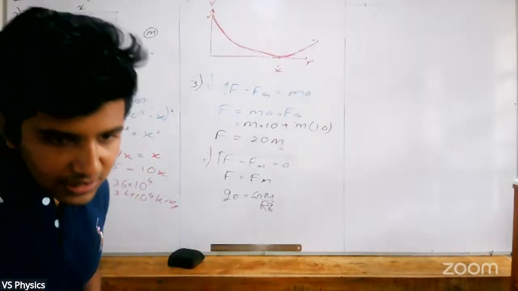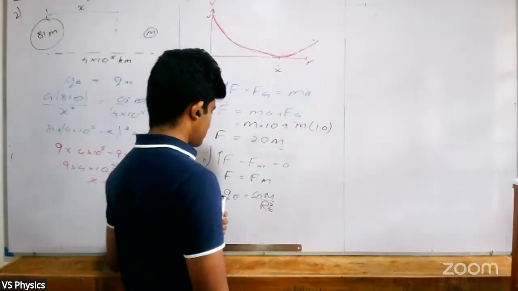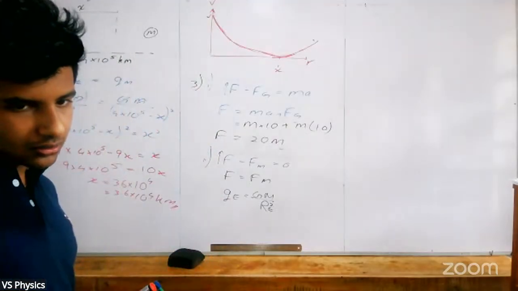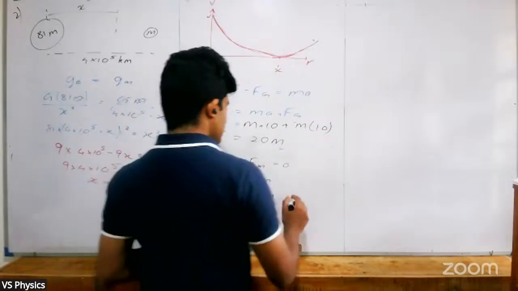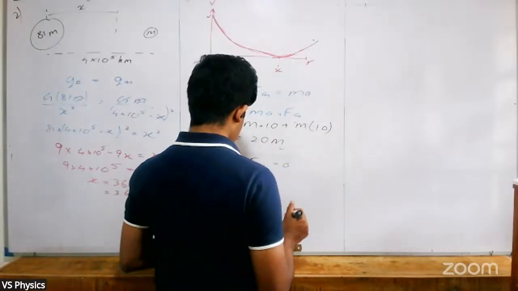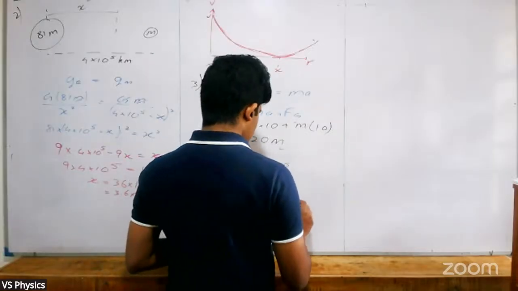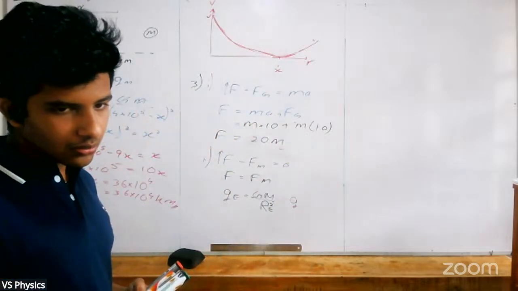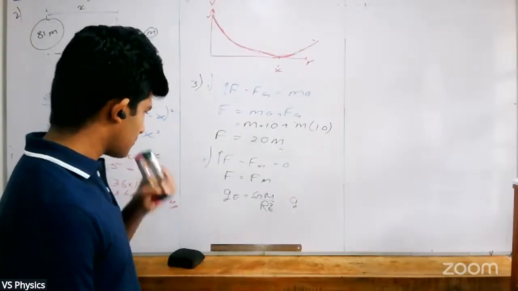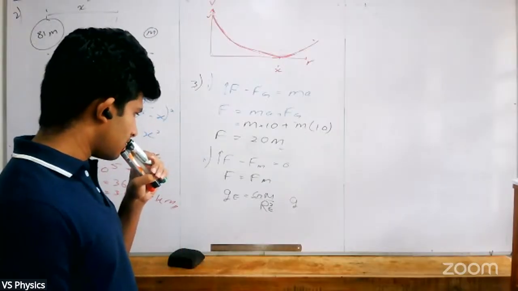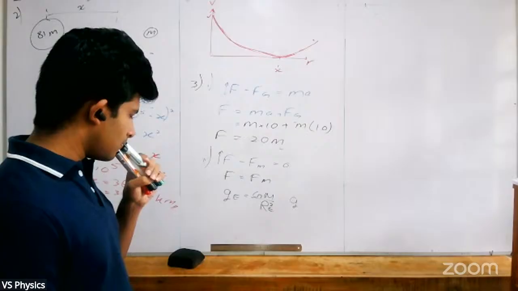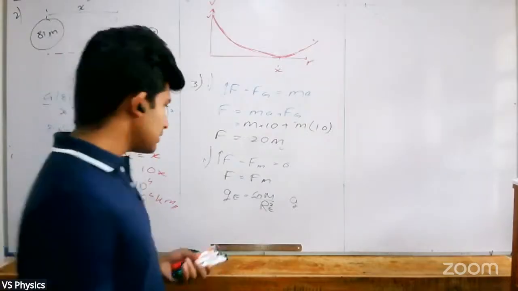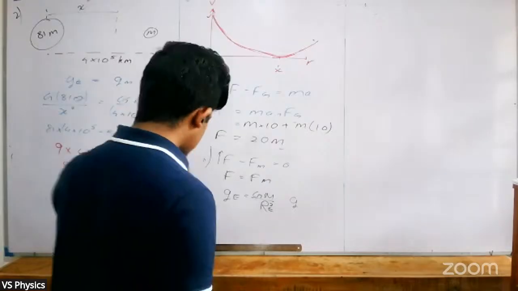We have to find the gravitational acceleration of the Moon. The radius is given as 2 over 27.